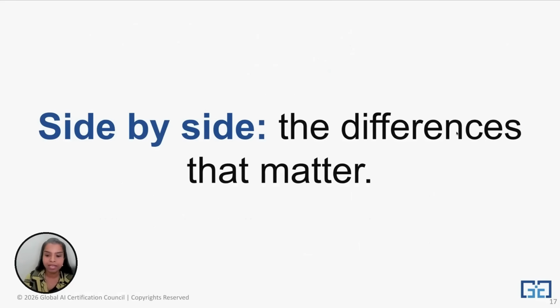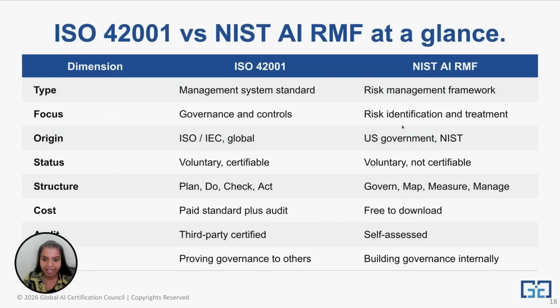So let me give you a side-by-side comparison of both NIST and ISO so you can easily understand. As you can see, ISO 42001 is a management system standard, but NIST AI RMF, as the name says, is a risk management framework. For ISO 42001, the focus is on governance and controls, whereas for RMF, it's only risk identification and treatment. So NIST is actually a subset of ISO 42001.